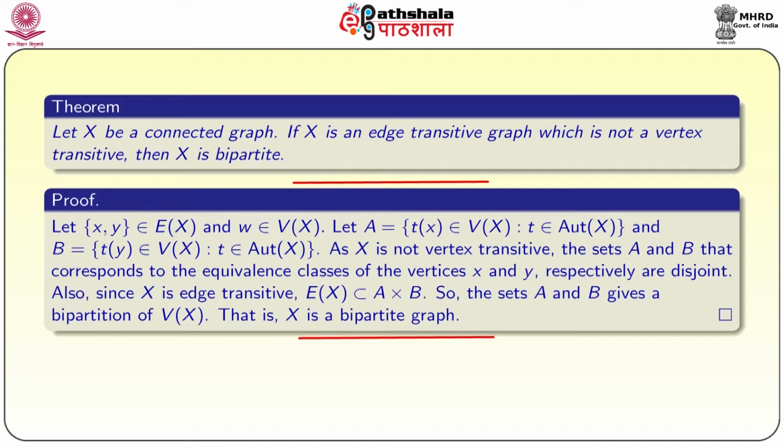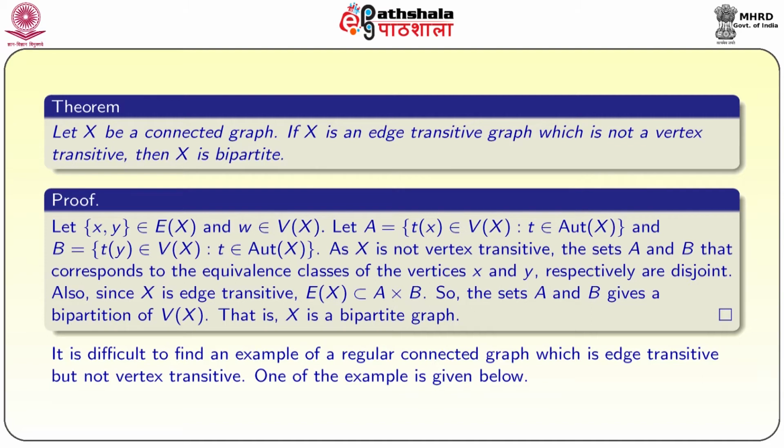As X is not vertex transitive, the sets A and B, which correspond to equivalence classes of the vertices x and y respectively, are disjoint. Also, since X is edge transitive, the edge set of X is contained in A cross B, as the sets A and B give a bipartition of V(X), that is, X is a bipartite graph.